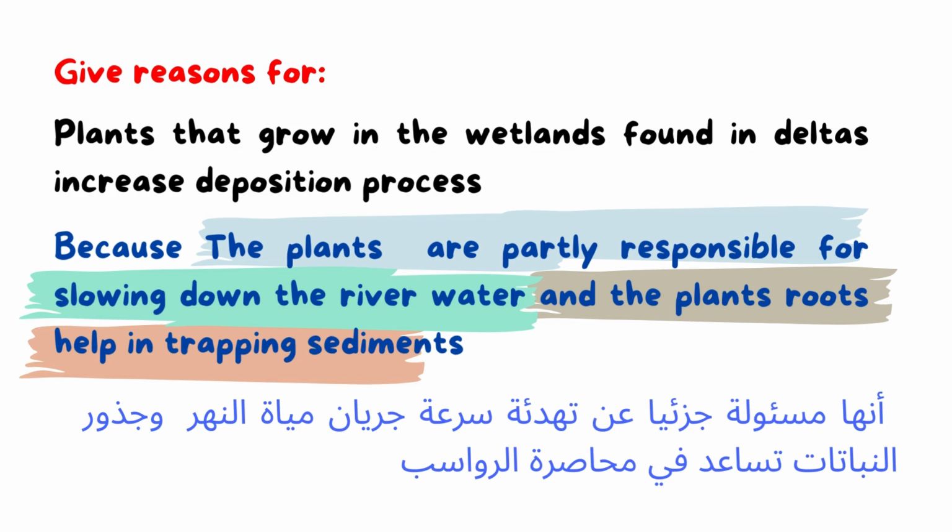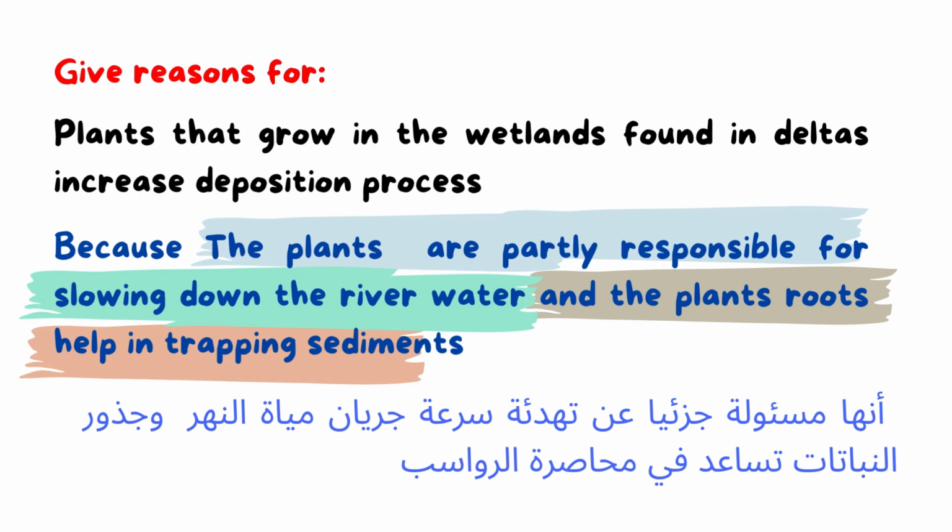So here, the plants are partially responsible for slowing down the river water. And the other reason, the plants' roots help in trapping sediments. The roots of these plants surround and trap these sediments.